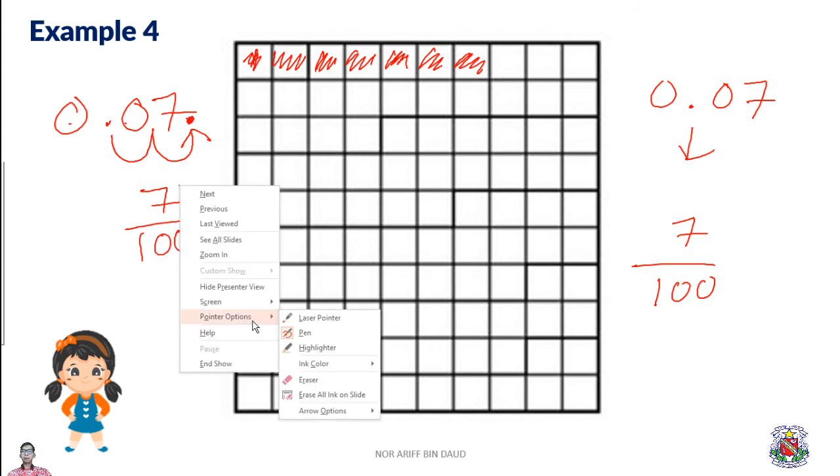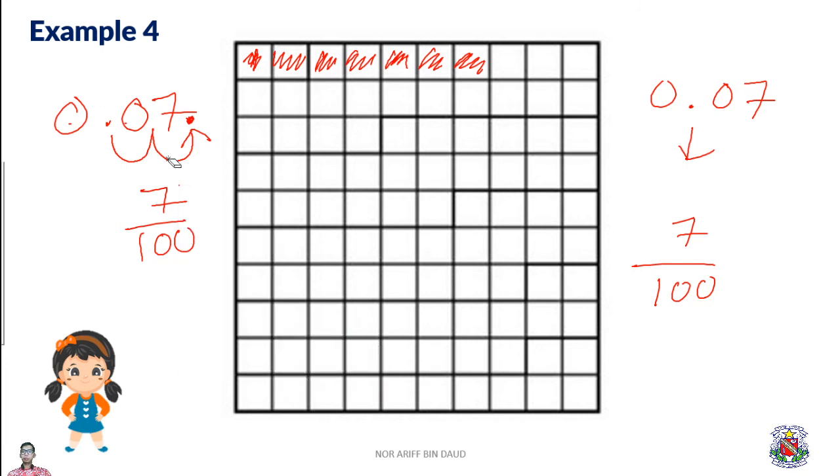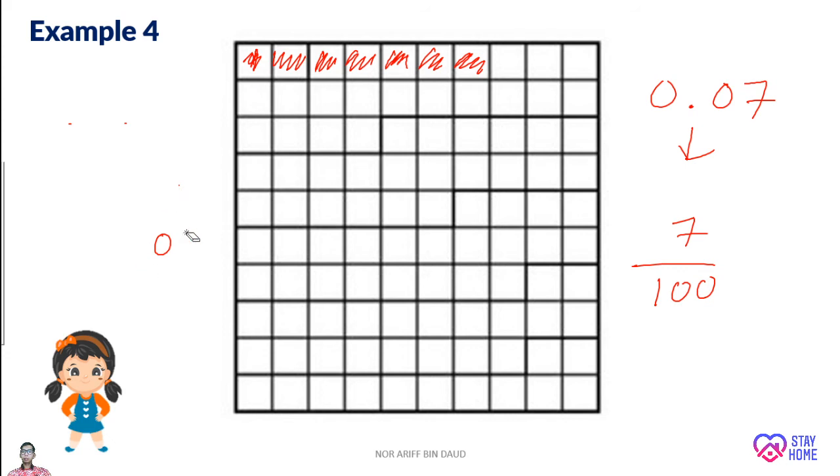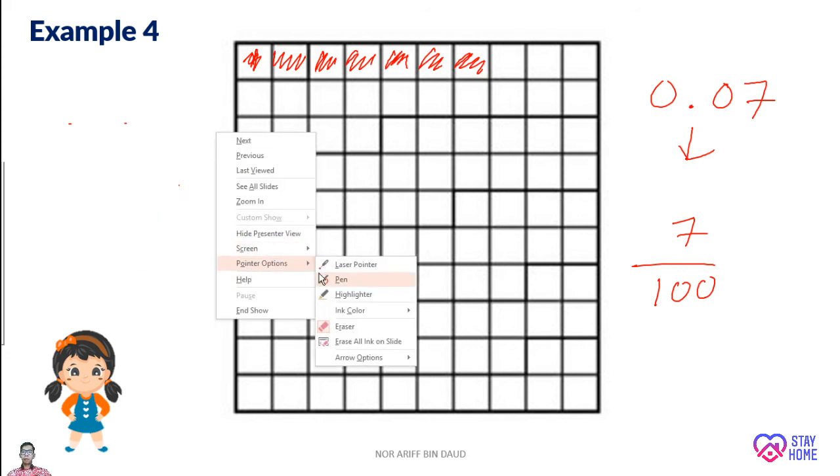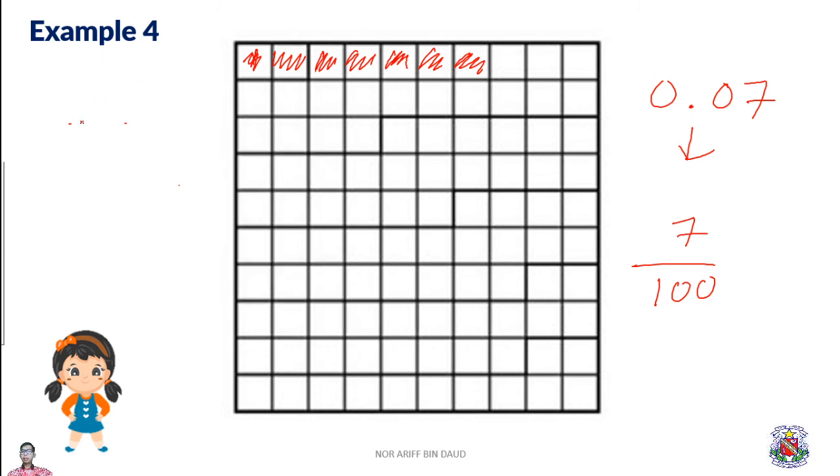Still confused, right? Never mind. I have another example for you. For example, 0.05. I want to convert this into a fraction, times by 100. Okay, in 100 we have 2 0s.